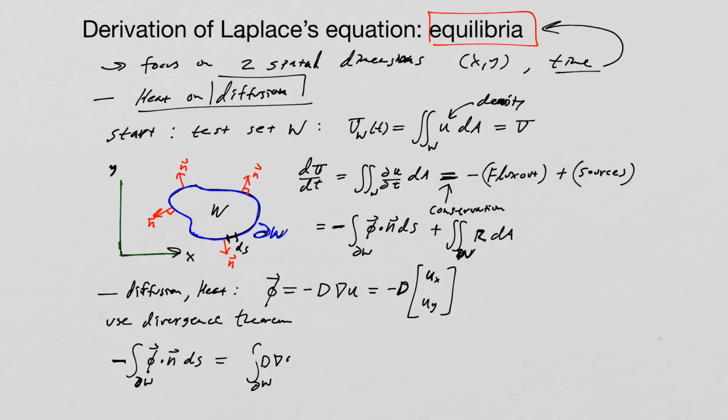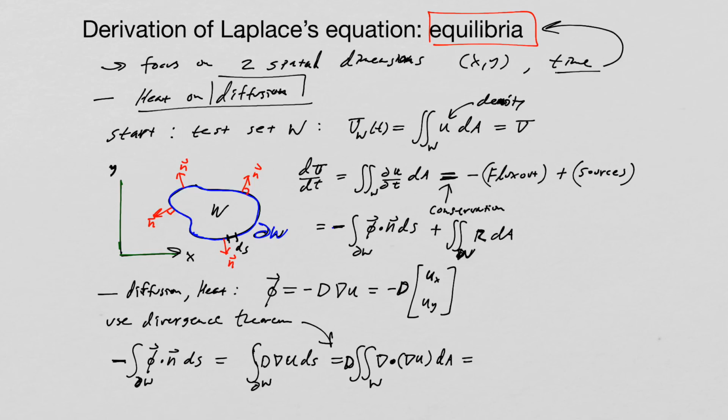And then we have grad u dot n ds. But then we're going to use the divergence theorem here and turn that into a double integral over the interior of the set. I'll bring the constant d out, and then we have the divergence of our gradient vector, dA.